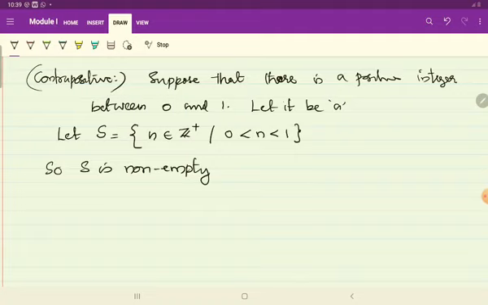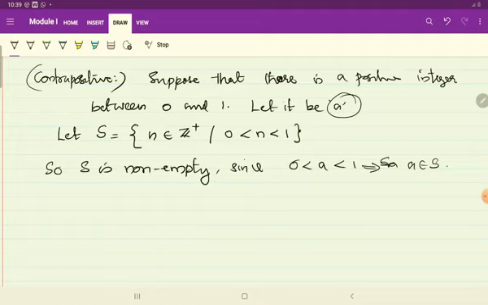Why? Since 0 less than A less than 1, A belongs to S. So S is a non-empty set of positive integers.